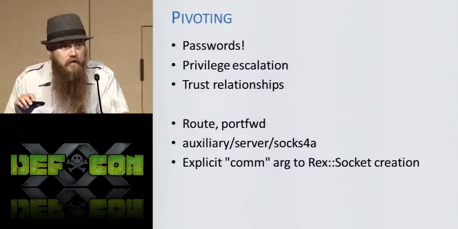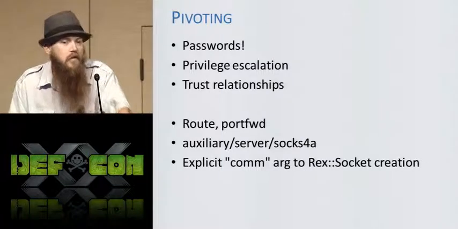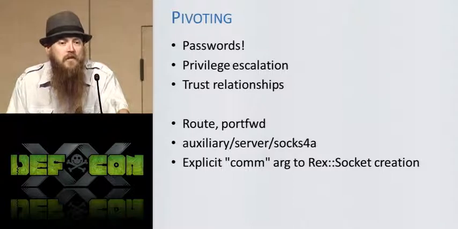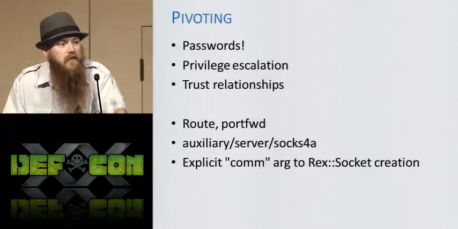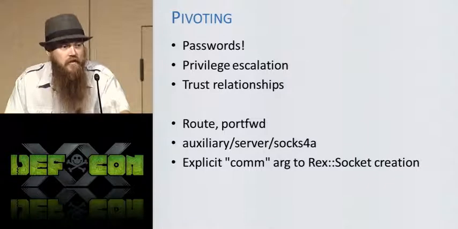And the Comm object gives you a quick way to do that. So, for example, you could set up a post module that scans something on the other side using the session as the pivot point. That way you don't have to set up an explicit route in the console. The post module will just do everything for you.